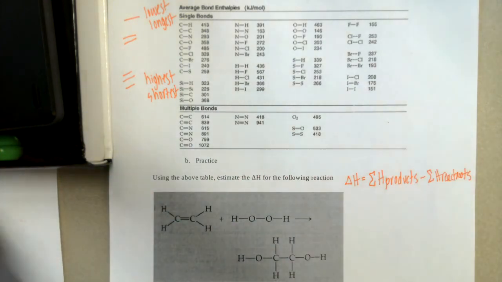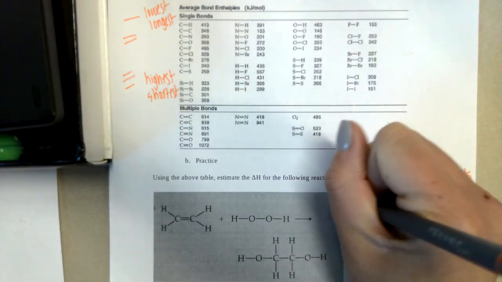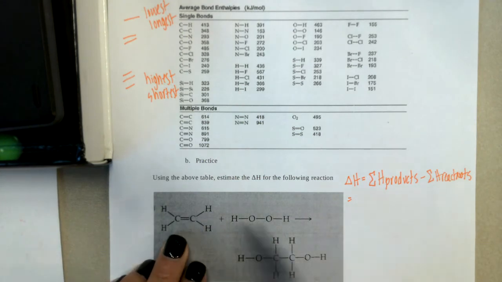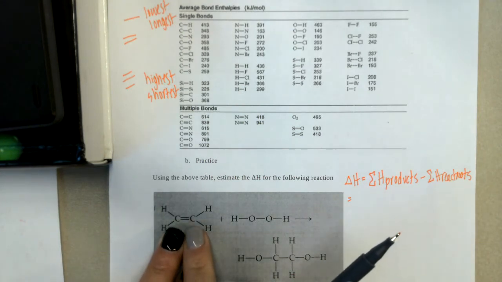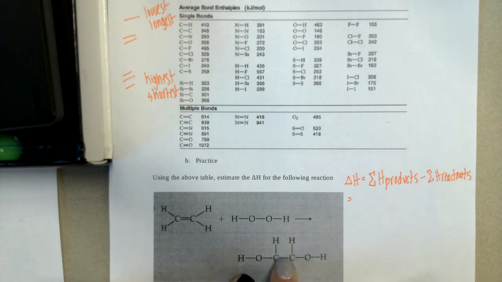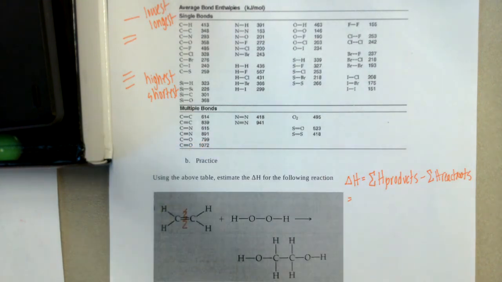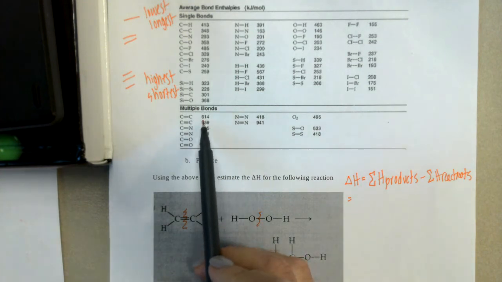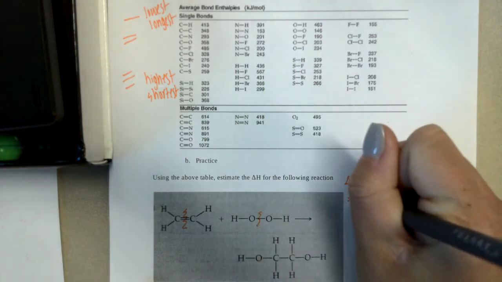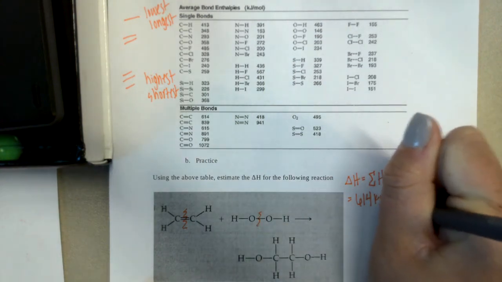Okay, so if I look here, I'm going to see what's going on. I have a carbon double bond carbon here, and then I notice that it's a single bond down here. So these hydrogens aren't actually leaving the carbon. So really the only thing that I'm breaking is this carbon double bond. And then over here, same thing, this oxygen and hydrogen, those aren't leaving. So really the only thing here that I'm breaking is this oxygen-oxygen bond. So I'm going to go up here. So carbon double bond breaking is 614 kilojoules per mole.